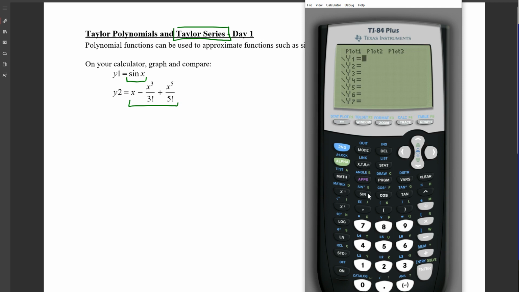If in y1 you put sine x, and in y2 you put this polynomial, which is x minus x cubed divided by 3 factorial, you're going to add that with x to the 5th power divided by 5 factorial.